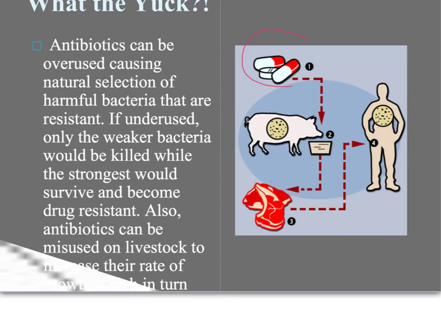So here's some antibiotics, starts there, and a farmer is going to give his piggies these antibiotics. He gives the pigs the antibiotics because they are in a really, really small space, all closed in. They do not have very much space to move around. So, of course, if they're basically living on top of each other, they're going to get sick off of each other.